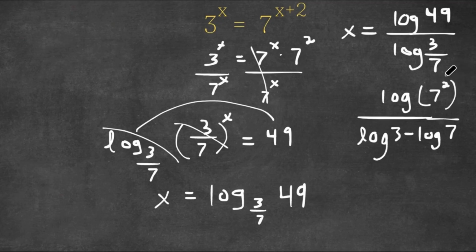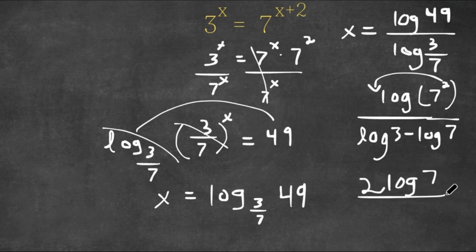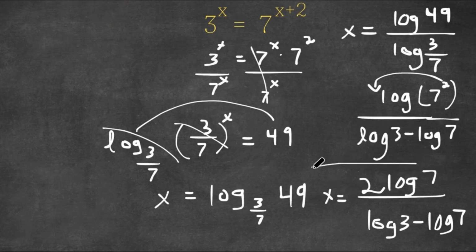And using the exponent rule of logarithms, I can actually move this exponent to the front of the logarithm, meaning this would be 2 log 7 over log 3 minus log 7. So this is our answer.